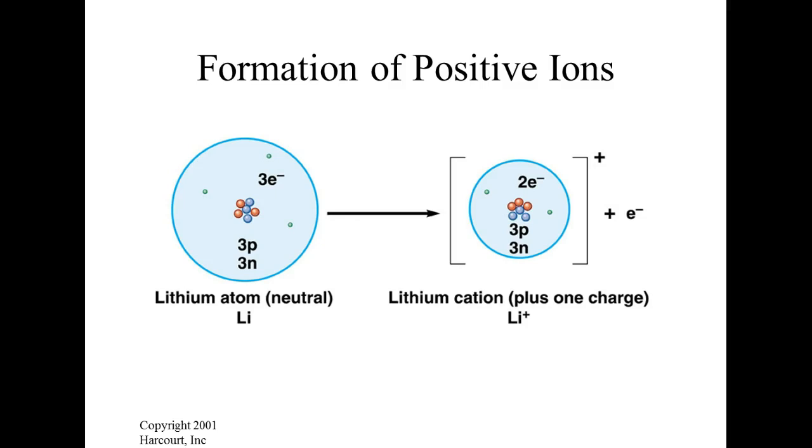And so you see it over here. It's become a positive ion on the right hand side, because there's 3 positive protons, 2 negative electrons, and it's dropped 1 electron off, and it's going to give that to somebody else. So it's formed a positive ion. And we give it a symbol, lithium with a plus 1 charge.